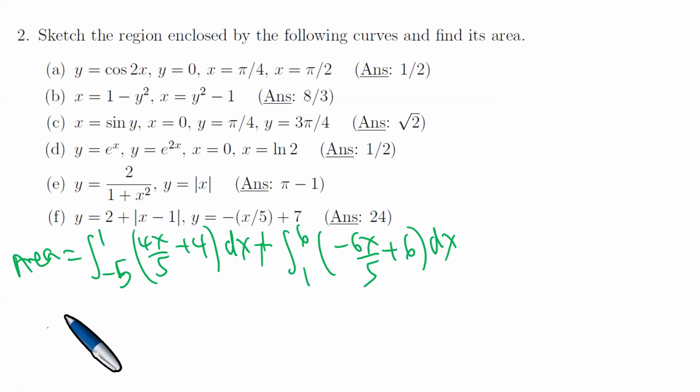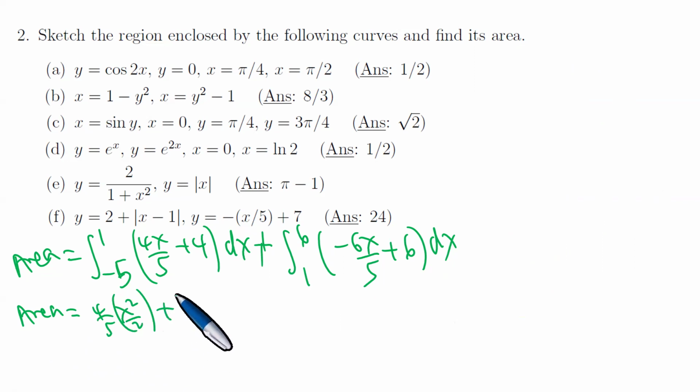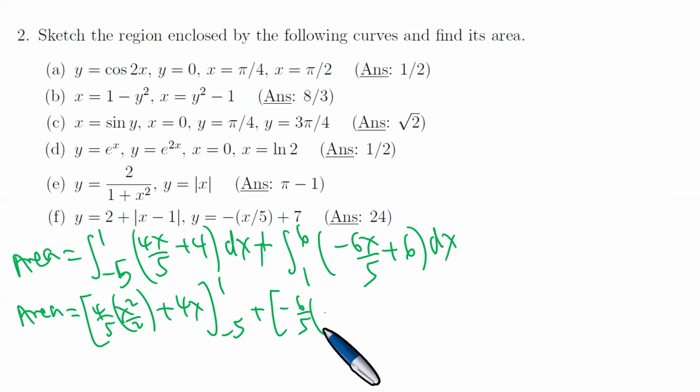Okay, check this out. The area. So this is 4 over 5, x squared over 2, exactly with 4x, you integrate from minus 5 to 1. And this is minus 6 over 5, x squared over 2, and then 6x from 1 to 6.